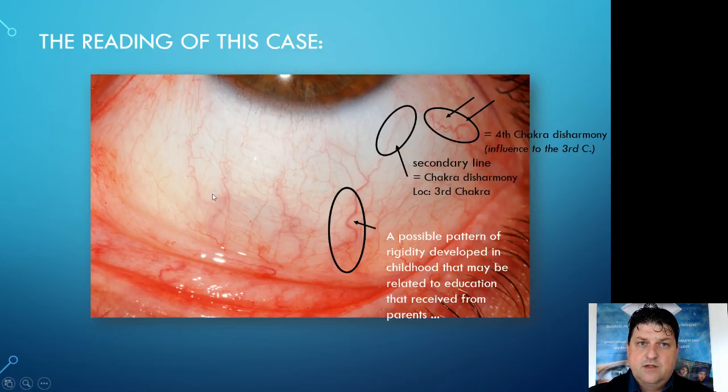Well, the reading of this case is a possible pattern of rigidity developed in childhood that may be related to the education received from the parents. Okay, so this rigid character can be built from childhood, from the education he received from the parents.